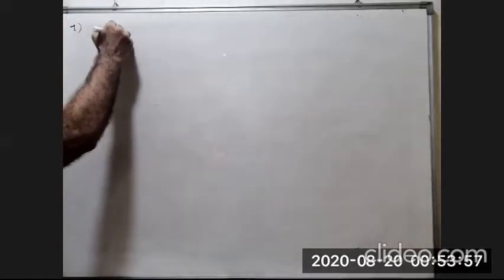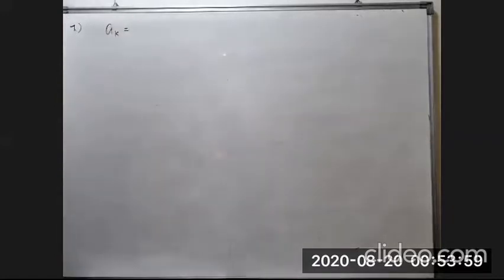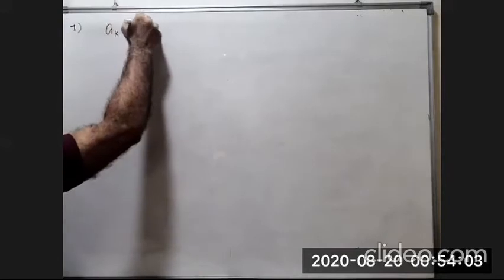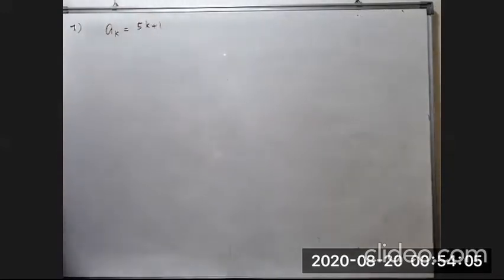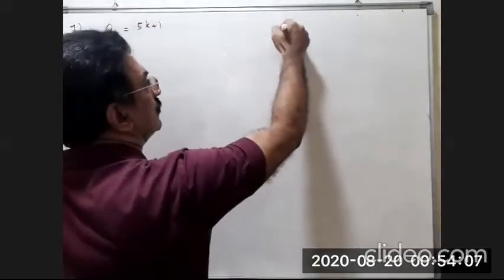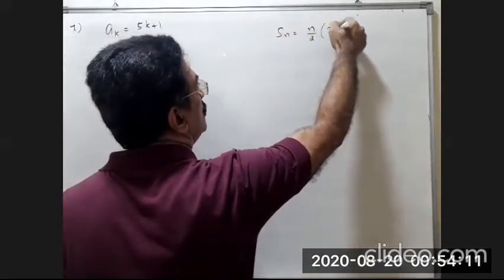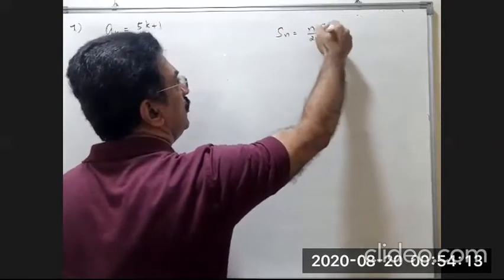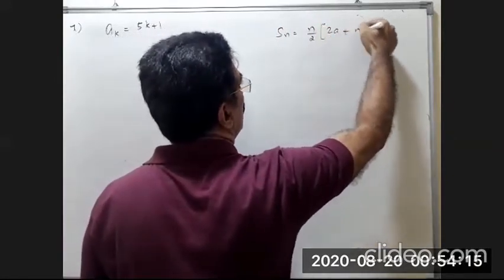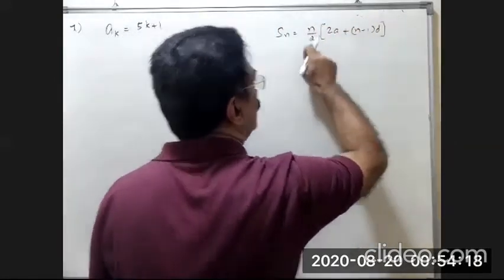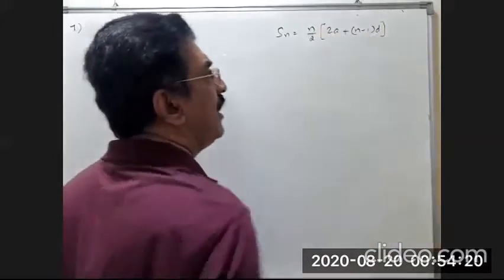whose kth term ak is 5k plus 1. The question is to find Sn. Sn means n by 2 into 2a plus. To find this, we need a and d.